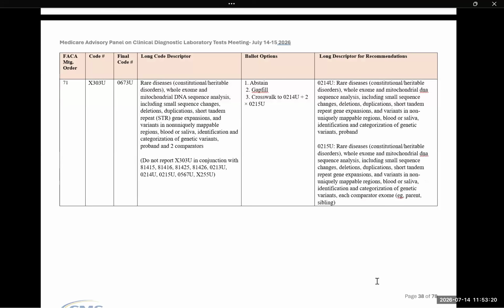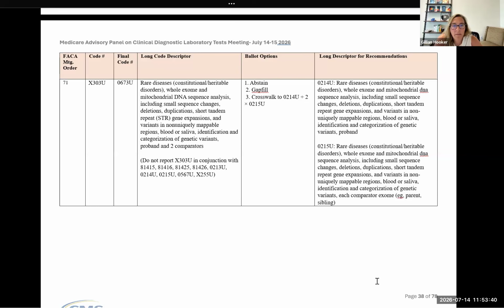Thank you. So code number 0673 is exome plus mitochondrial DNA sequence analysis, deletions, duplications, STR, blood or saliva, and interpretation of that test. In this case, it is the proband plus 2 comparator sequences.